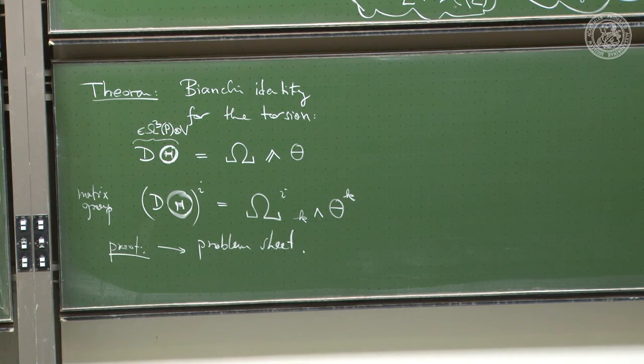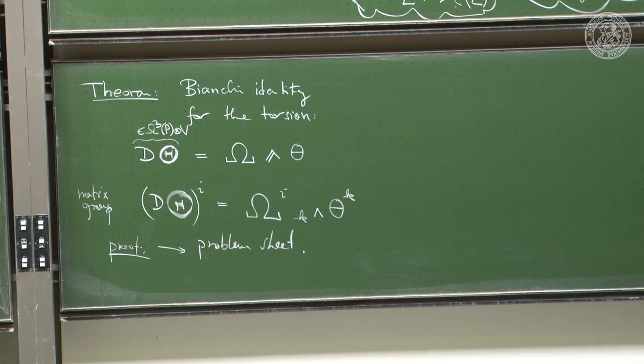Okay, so I can point your attention to the image up there. In addition to the connection, you need a solder form in order to talk about the torsion, and that is why the torsion has only this one index up.